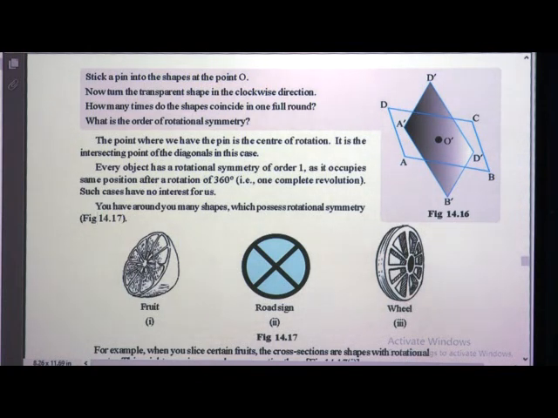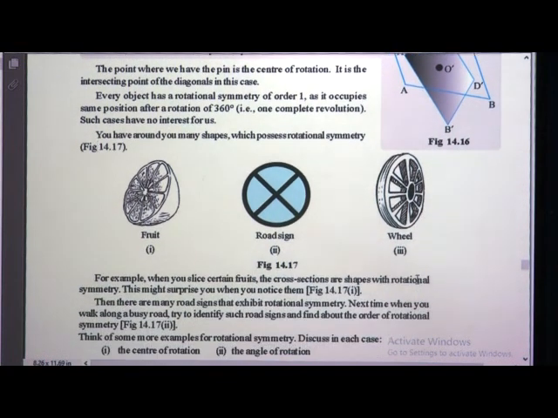You can find rotational symmetry in a lemon, an orange or a sweet lime, and a road sign which you find on the road or on signboards. You can also find it in the wheel of a bicycle or a car, or in a toy car or toy vehicles. In these we can find the symmetry and how many orders it has.